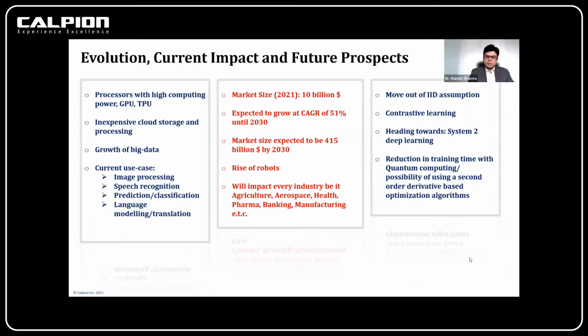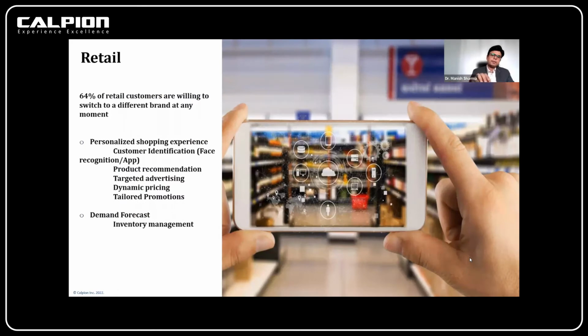Sure. Cool. To begin with, I was reading that in the retail industry, 64% of retail customers are willing to switch brands at any moment of time. So probably we can have a survey with our audience. How many people from our audience are too particular about the detergent they are using?